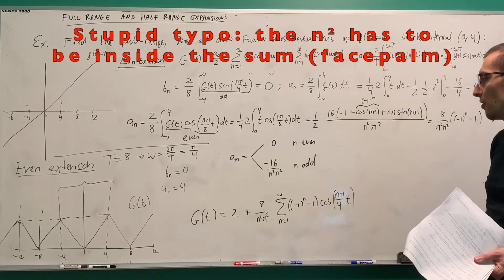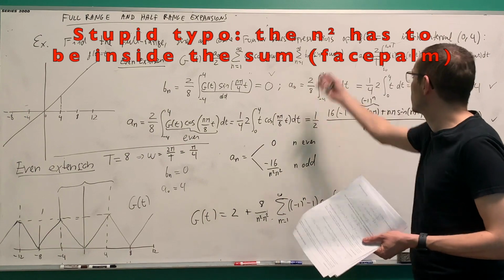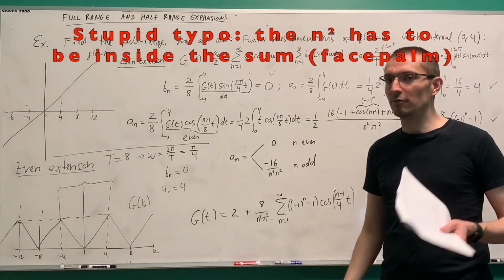And that is technically correct. I just copied the coefficient and used the formula, b is equal to 0. Technically correct, but not full marks correct.